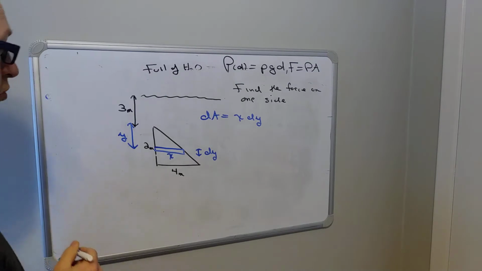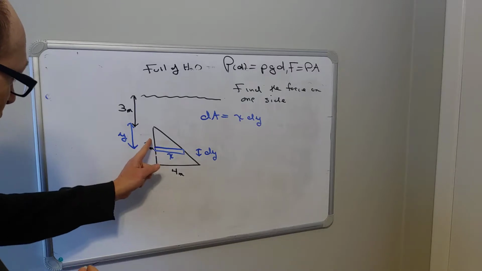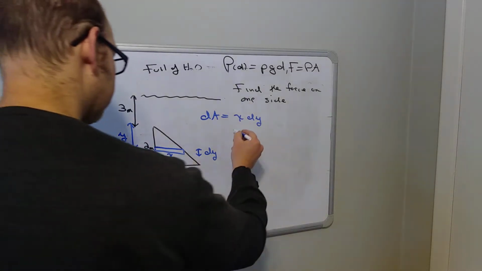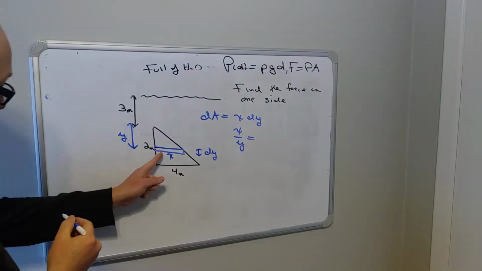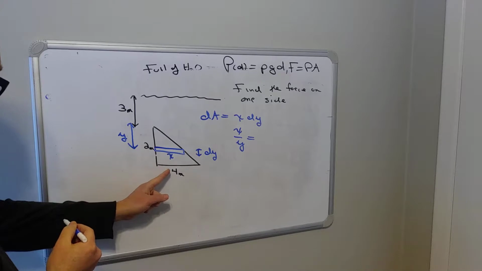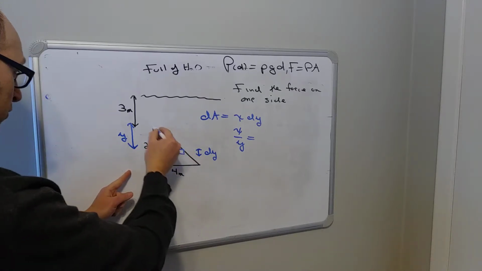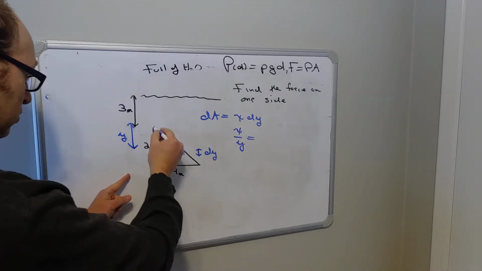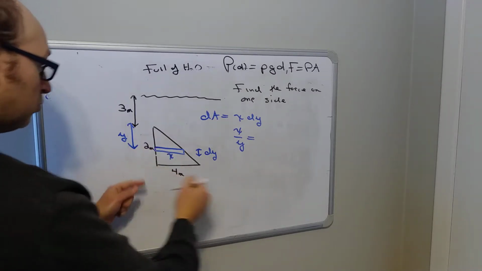Trouble is, x and y are different variables, so we need to use similar triangles. So you see, x over y must equal 4 over 2. We're looking at this triangle and the big triangle. So the little triangle is x to y, the big triangle is 4 to 2.